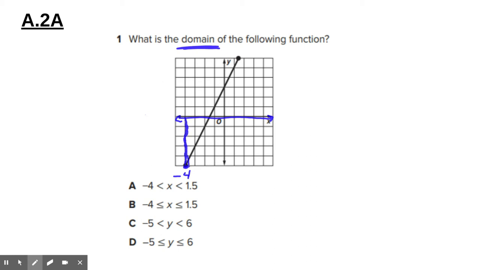And then this point looks like x is about 1.5. So we know the domain of the following function is -4, and it's going to have an x here. The range will have a y.